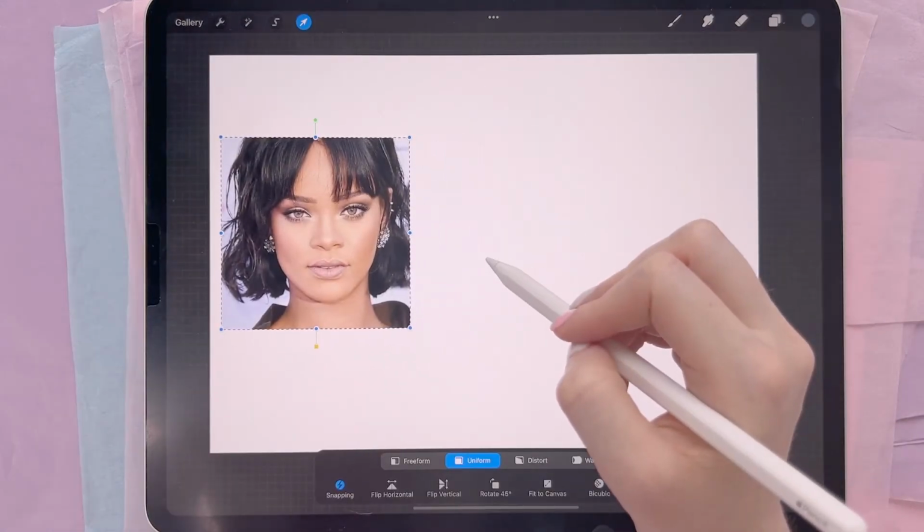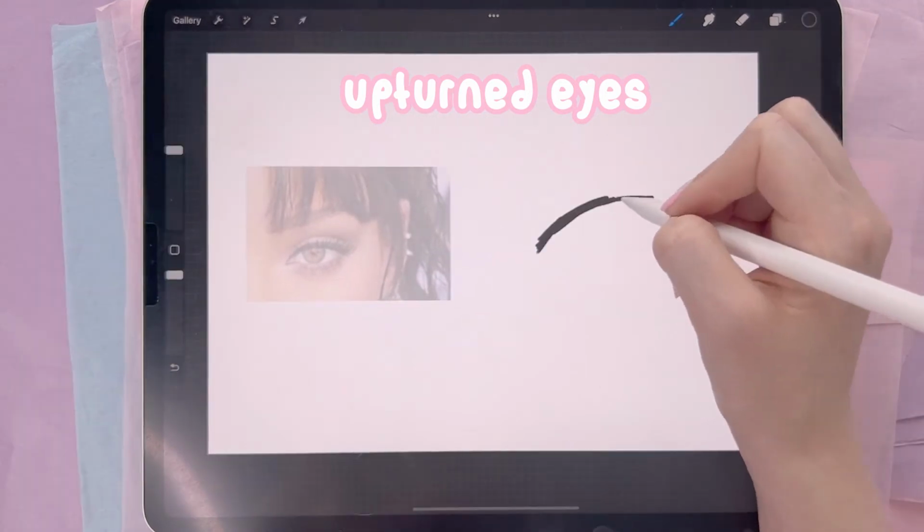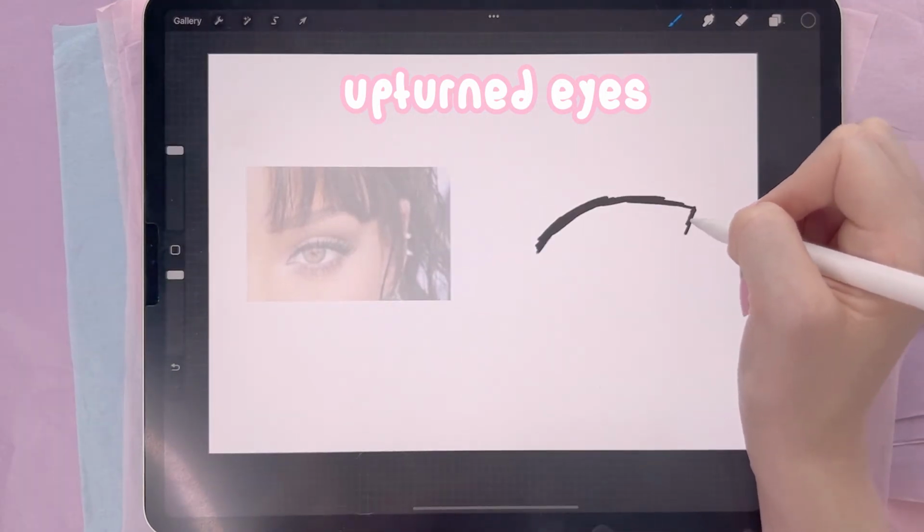Then the next eye is going to be upturned, and this is, I think, the fox eye kind of look.